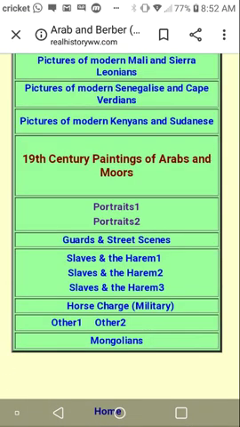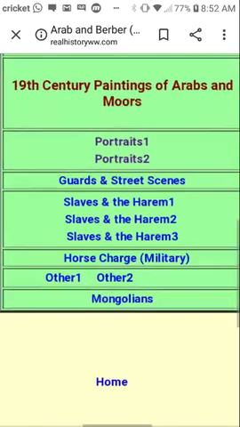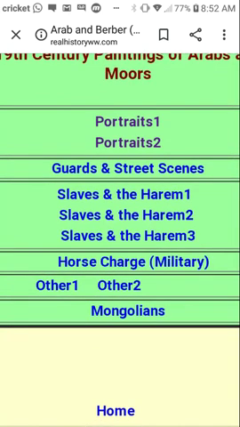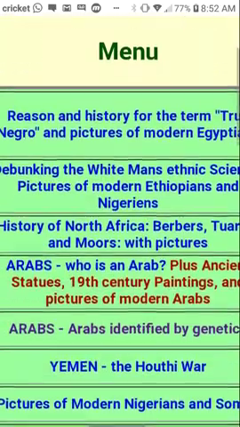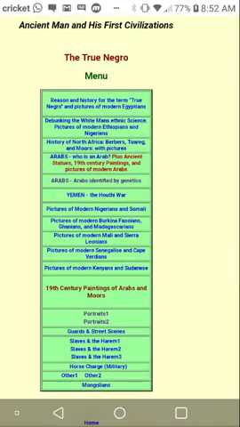So you can go back, and if you want to go through, for example, guards and street scenes, slaves in the harems, why Morocco, Egypt and all these places are not really black, especially Northeast Africa, now called Middle East, because they slept with all these non-black women producing hybrid peoples, and those hybrid peoples mixed with non-black skin peoples, and after time, the Arabs lost their identity, you see? Okay, so that's a section you can go through, guys.